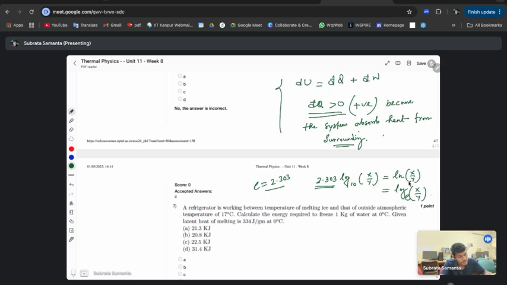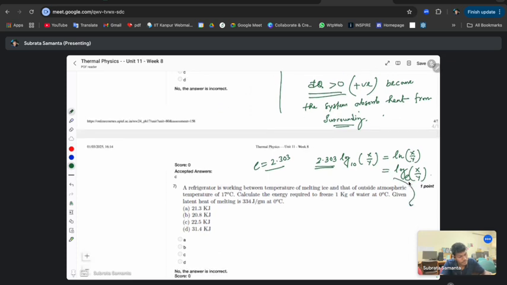Now to convert this base e to 10, because on the left-hand side you have a 10... Just a minute.